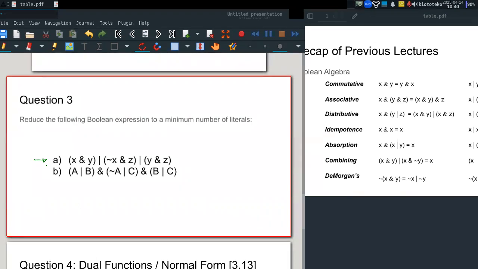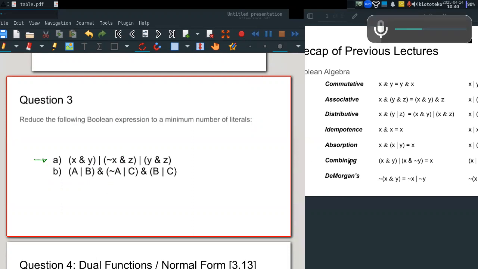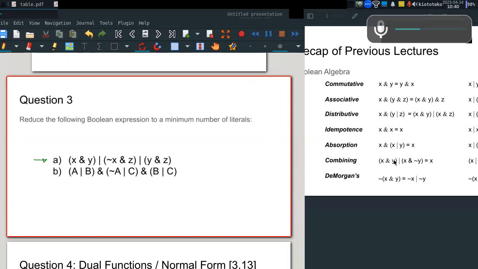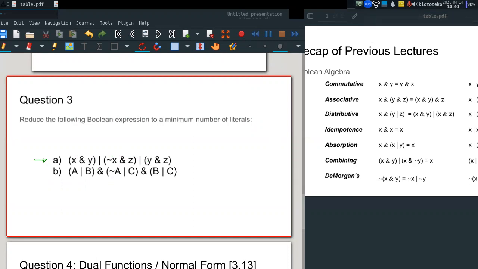This is important, yeah. But right now you cannot use it because these are different terms, y and z. The way combining works is that you need to have similar terms. It's just that one is different. But here it's x and not x, and it's the y in this case. But here it's y and z. It will be useful in the next steps, but right now you cannot use it that way.